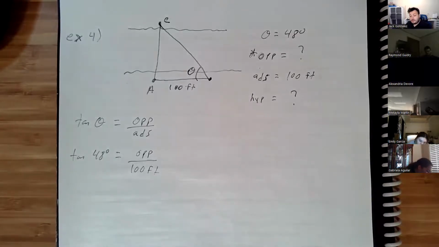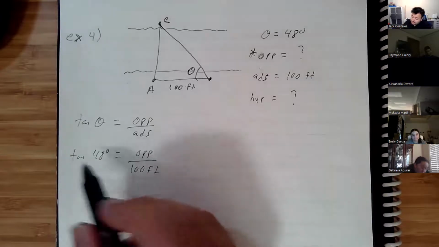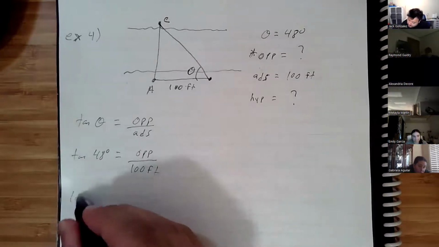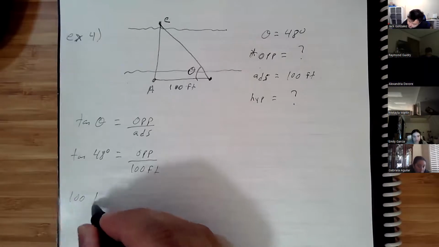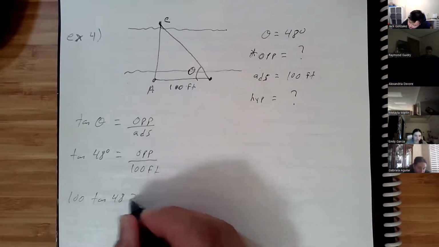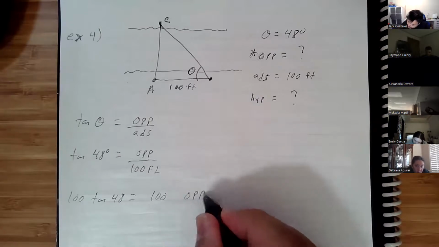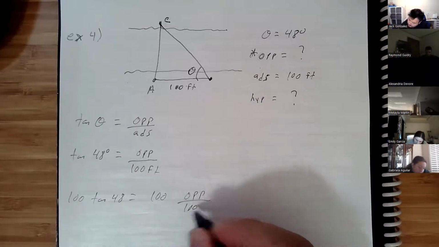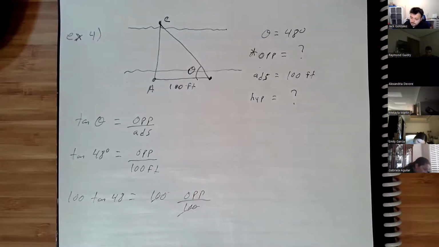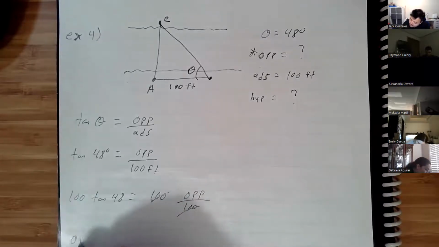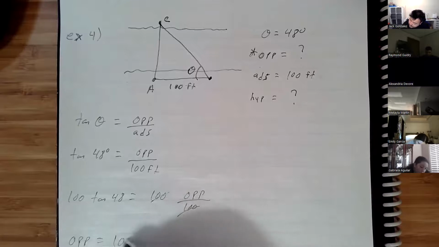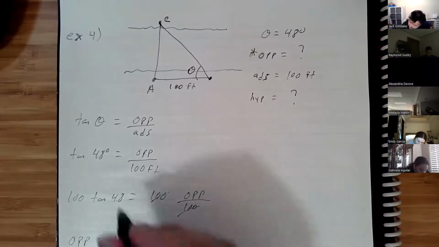So solve for opposite, or you can call it X if you want, or Y, whatever. Multiply both sides by 100. This time I'll go ahead and show the step here. So that means that the opposite side is equal to 100 tangent 48 degrees.